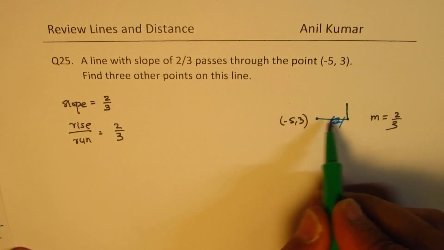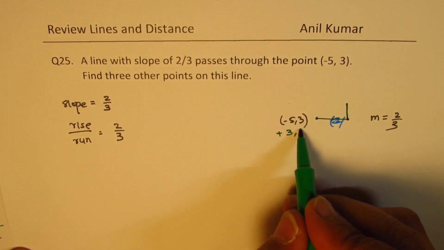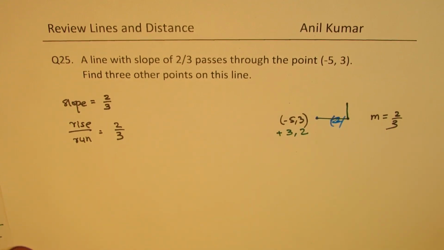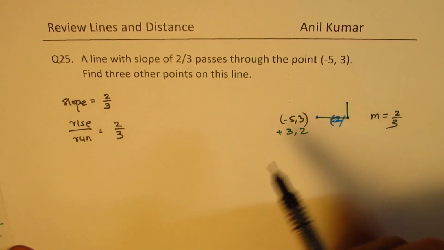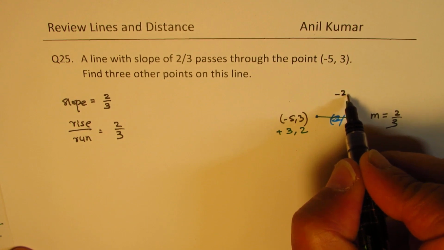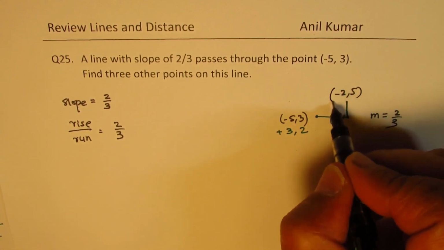So we'll add 3 to the x value and 2 to the y value to get the next point. Do you get the idea, right? So when you do that, minus 5 plus 3 is minus 2, and 3 plus 2 is 5, so we get the next point. Do you see that part?